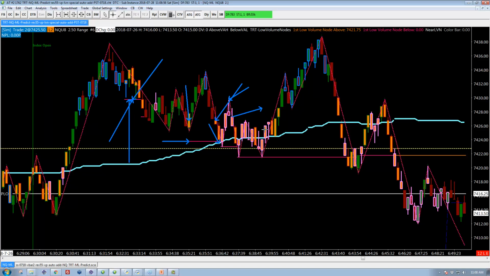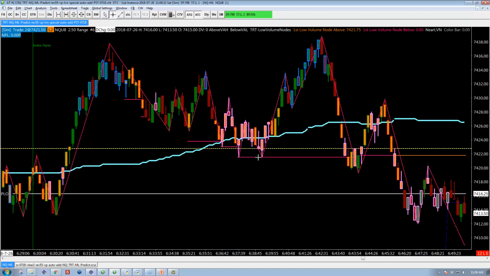In this particular case, you also have a low volume node there, so it's triggering off of both. But all of these places here, we're not doing anything with. We're not looking to do anything.